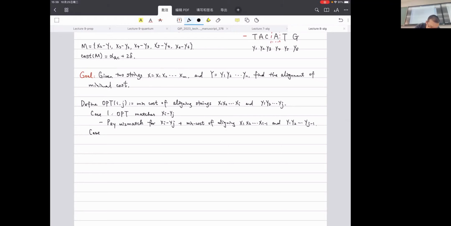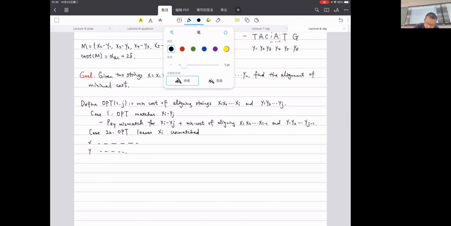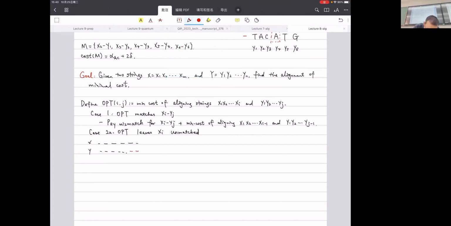So maybe, for instance, we call this case 2a, that OPT leaves xi unmatched. That is saying that maybe you have a string here. This is the X string, this is the Y string. But the X string is longer than the Y string. Maybe after that, there are going to be some gaps here.